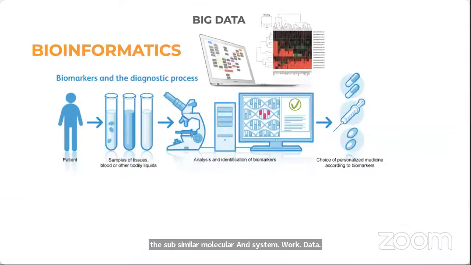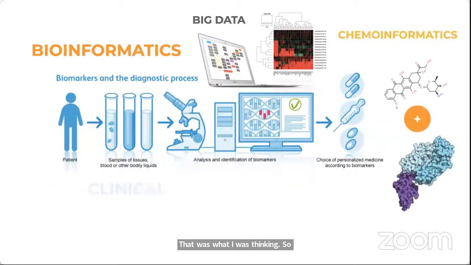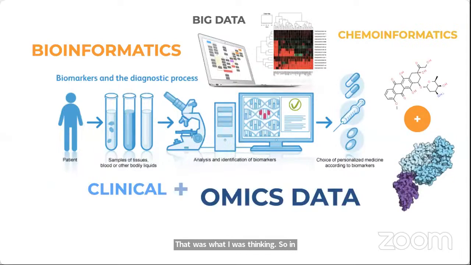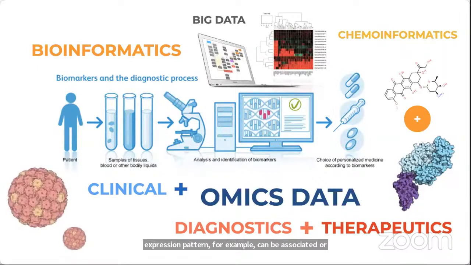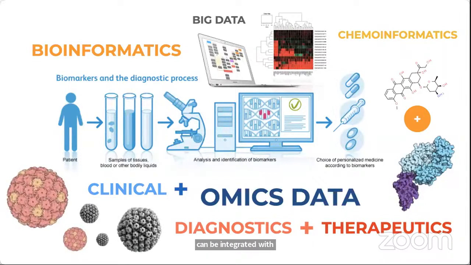So in short, the gene expression pattern, for example, can be integrated with the clinical data, and this can help us identify molecular biomarkers for diagnostics and for therapeutic selection. New discoveries include better understanding of complex diseases at the subcellular level, and it can help us in target identification for novel drug design.